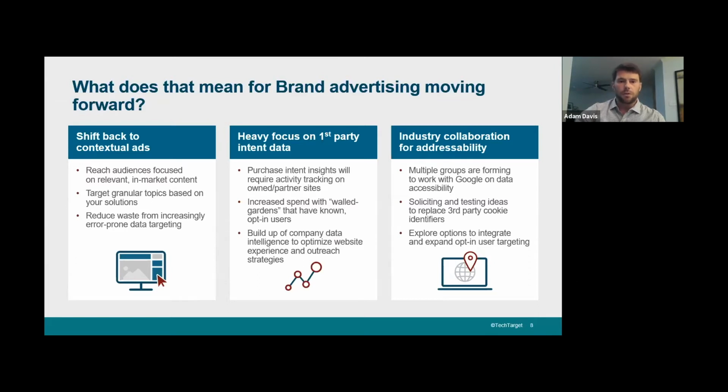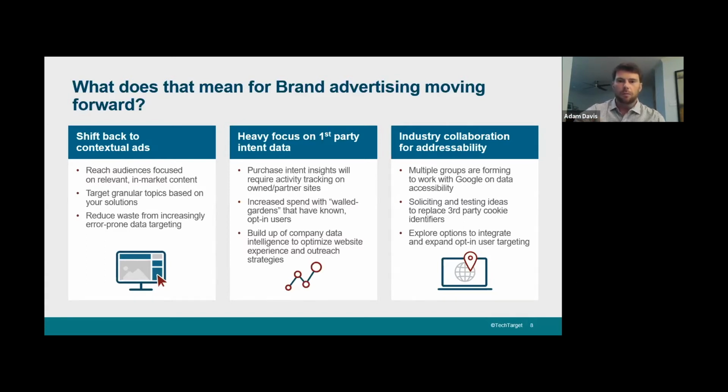I think there's no question that first party data is going to be king. It already is, but this just magnifies it even more. I don't think there's going to be any kind of fall back to 2005 or anything like that, but people are going to be hustling to understand how they can aggregate their first party data, how they can put it to good use, make it actionable.